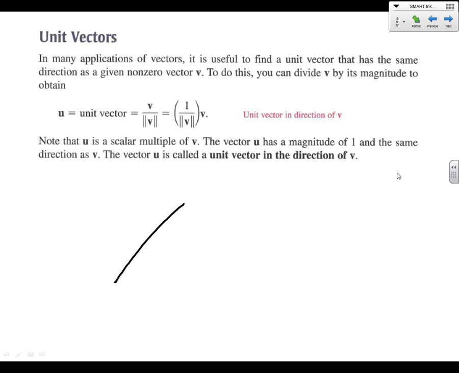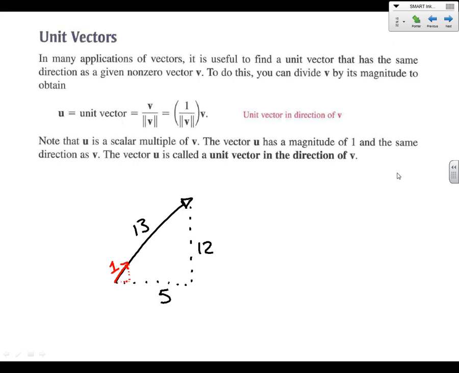If I've got some vector, let's do the 5, 12 again, 13, okay? I want to know what the component form would be if my vector got shrunk to having a length of 1. Okay?